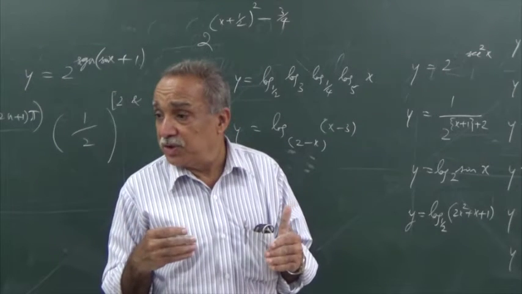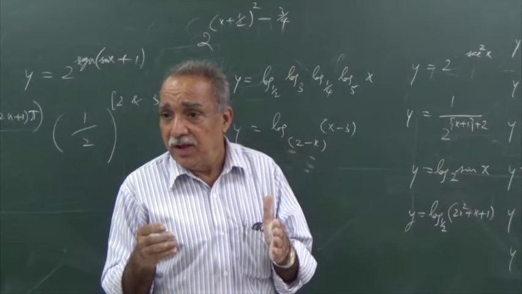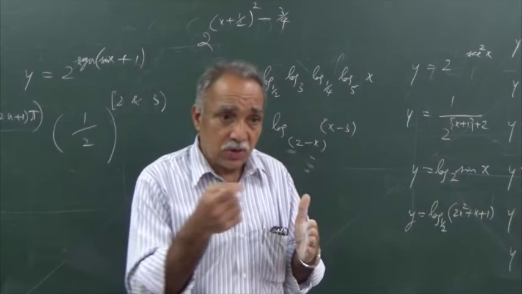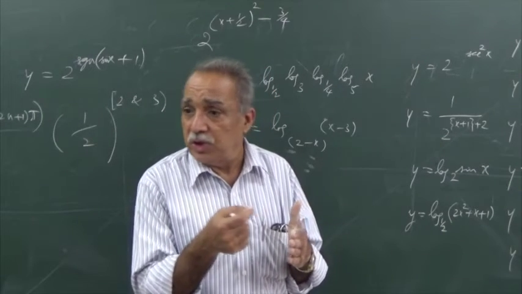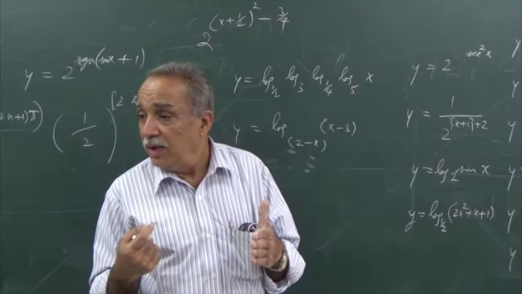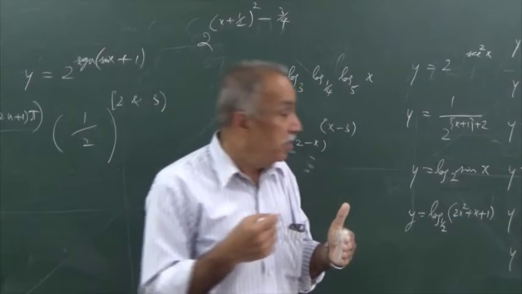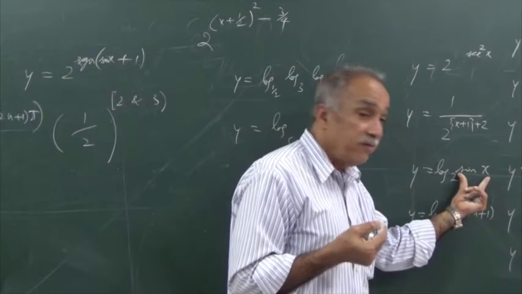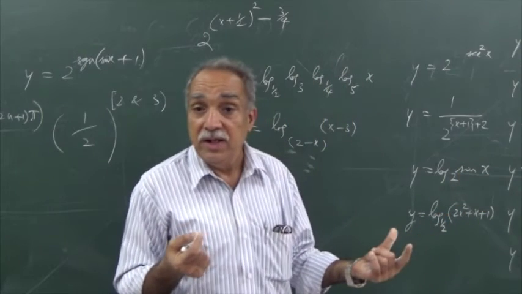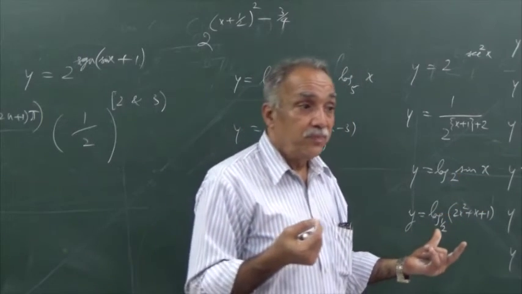What is log 0 to the base 2? Log 0 is undefined. What I mean is, when x is close to 0, a number very close to 0, what will be its logarithm? Minus infinity. Minus infinity to when the function value is 1, logarithm will be 0.